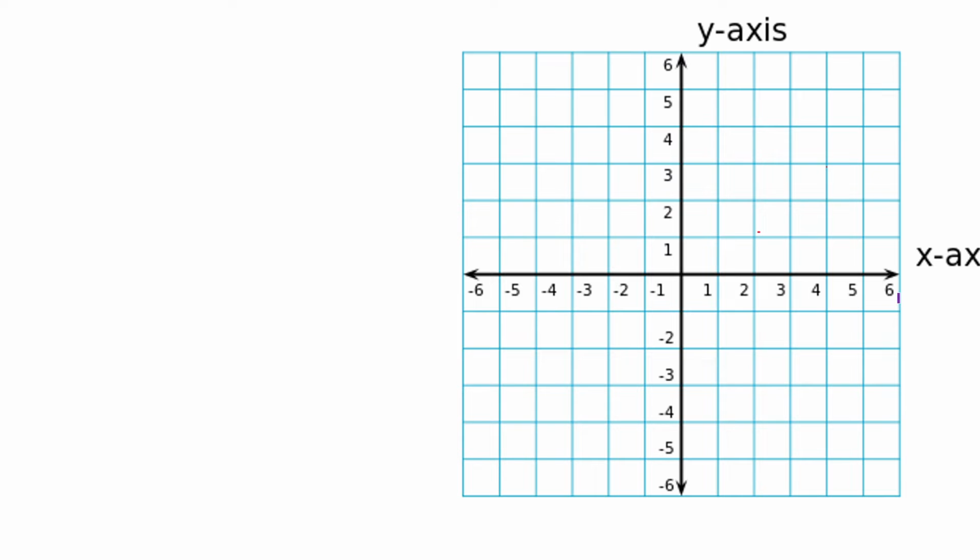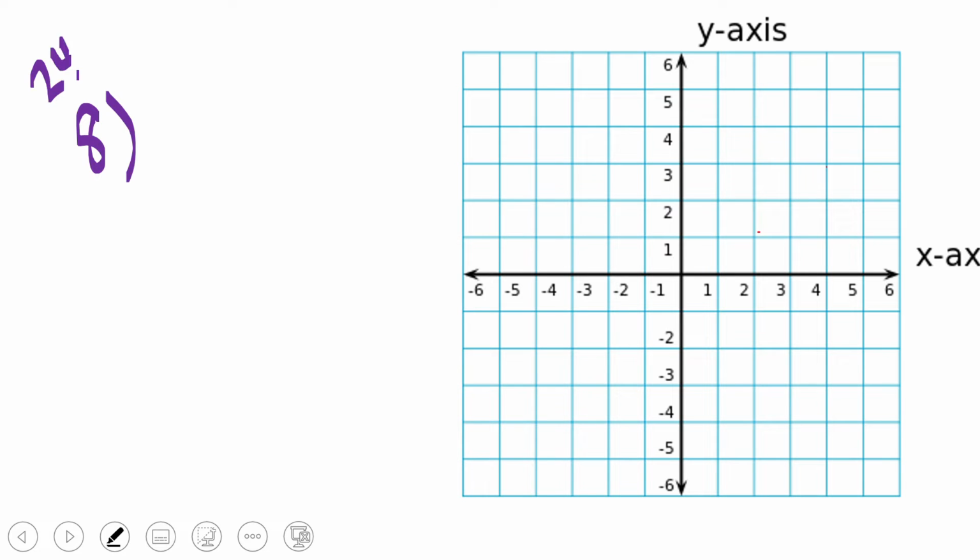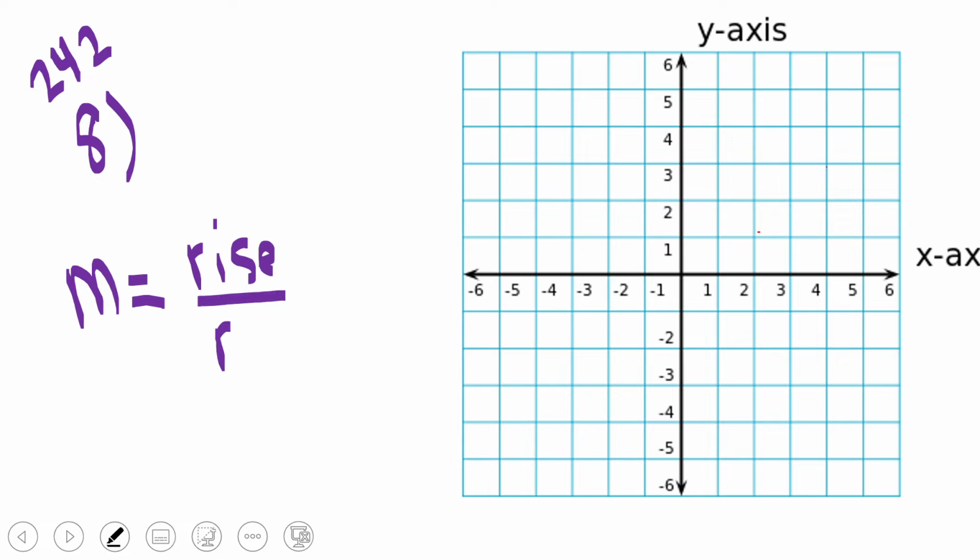To begin, we're actually going to work number 8 out of your book, page 242. You're asked what is the slope from just a visual graph. So you're going to use the idea of slope equals rise over run. The slope that you're given crosses here and here. So I'm going to mark those so I can draw my line. Very steep positive line for this slope.